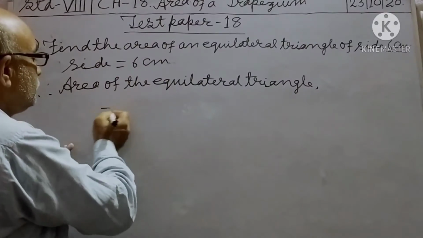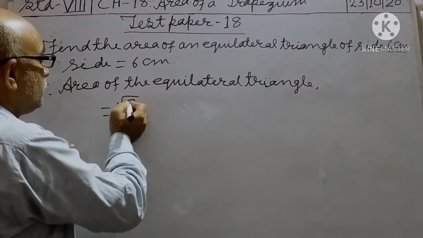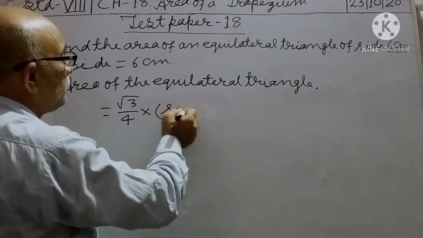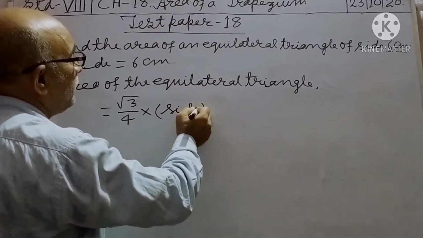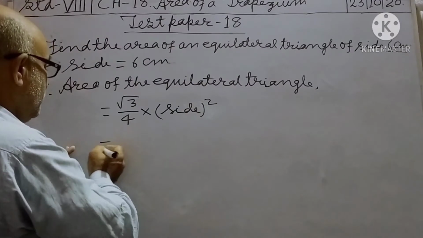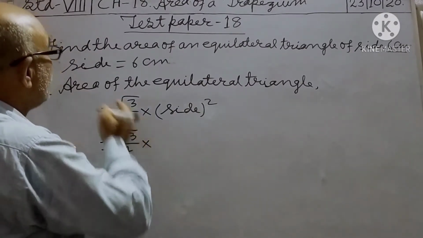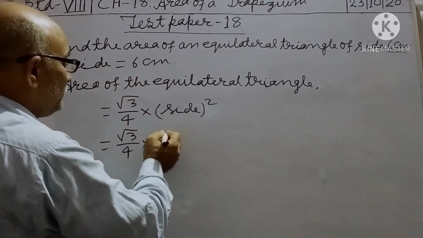Area of the equilateral triangle equal to root 3 by 4 into side square equal to root 3 by 4 into side is 6 cm.